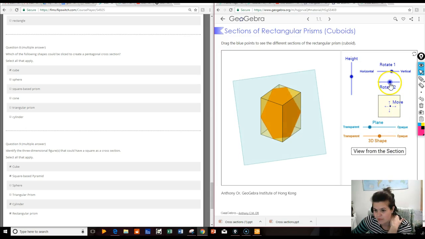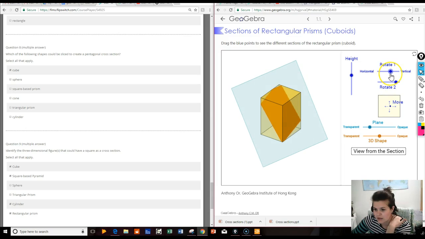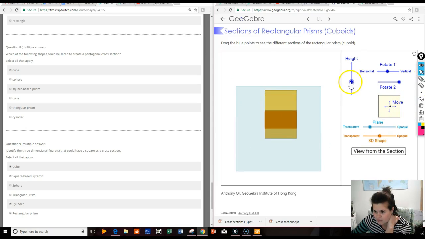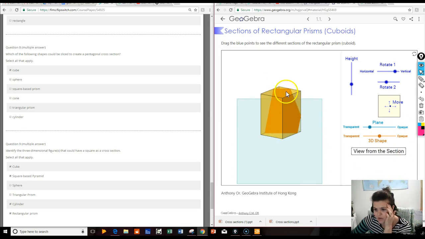Nope. It's if we cut off a corner. So if we were to cut off a corner of our prism, there we go. 1, 2, 3, 4, 5.